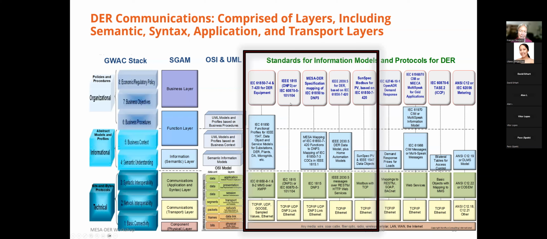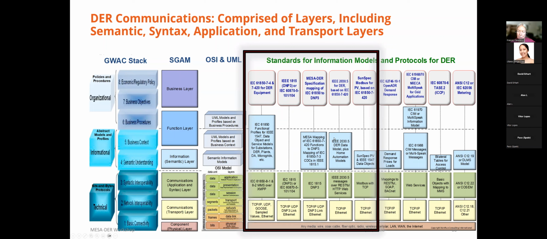And that's why we in MESA said, okay, we've got to add an information model that's focused on DER, and we add it to DNP3. So we're using the same DNP3 down here, but we've added the information model to it. And all of this comes from the 61850.